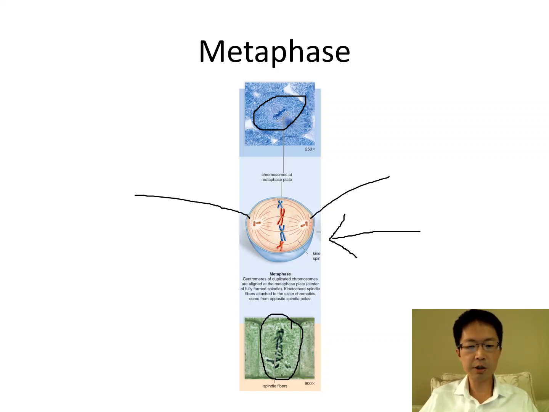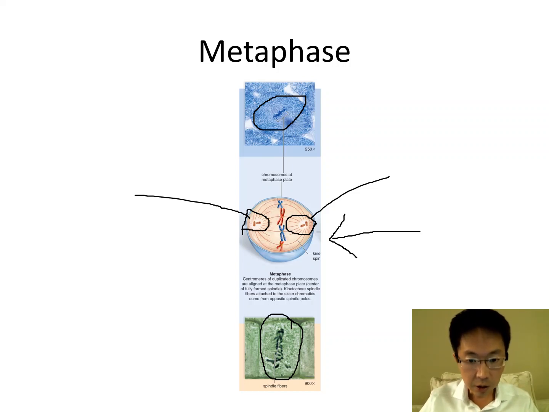Those spindle fiber will attach to the centromere, and then there will be like a tug of war. The two centrosomes will start to contract the spindle fiber, those microtubule, so that they will pull the chromosome from opposite end until they line up in the center, the equatorial plate.